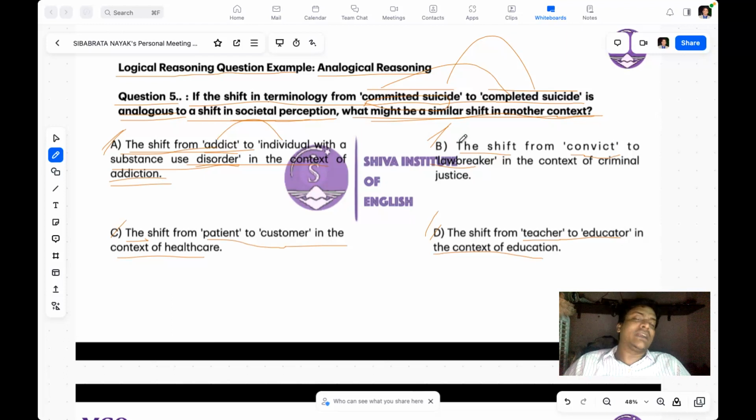In that case, in the context of addiction, this shift mirrors the change from committed suicide to completed suicide. It reflects a change in societal perception and language use. Changing the terminology from addict to individual with a substance use disorder is a move towards person-first language, right?